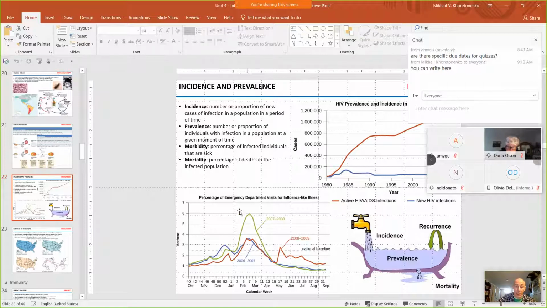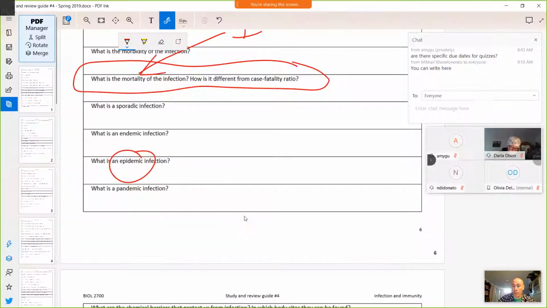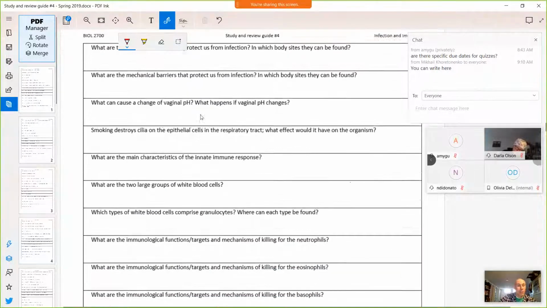That was an epidemic. Okay. Finally, pandemic, worldwide distribution. I mean, if you think about it, we have several pandemics going on right now. HIV, tuberculosis. Virtually every country is affected by these diseases.